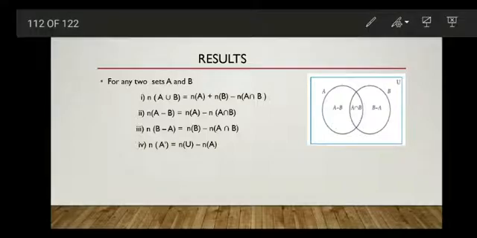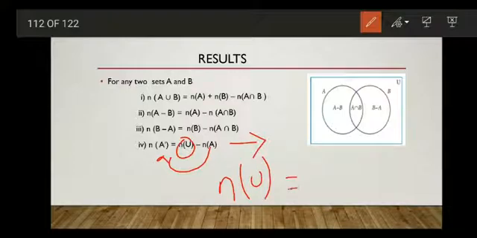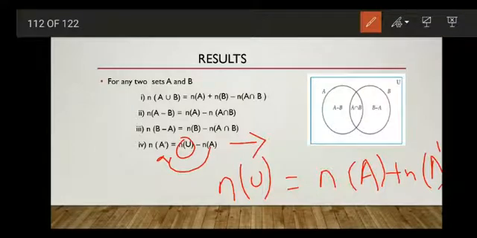Okay, from this, can you find what will be n of U? We have to find this one. So take this to other side of equal to. N of U is equal to n of A plus n of A complement.